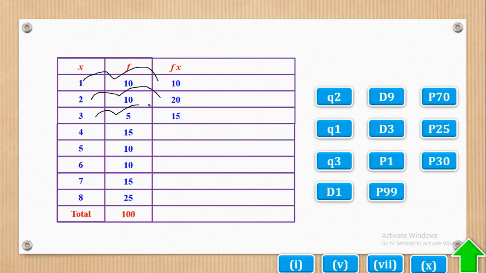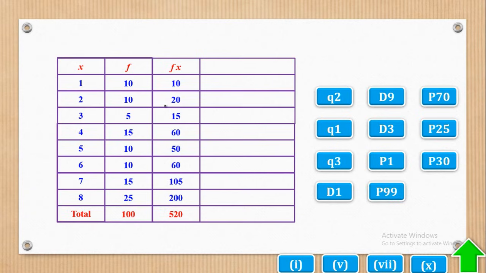This with this, 15. This with this, 60. This with this, 50. This with this, 60. This with this, 105. This with this, 200. After that, I also need their total, so I'll add all these values and come up with 520.